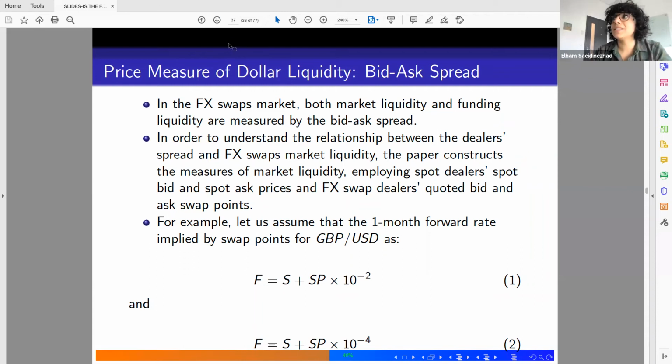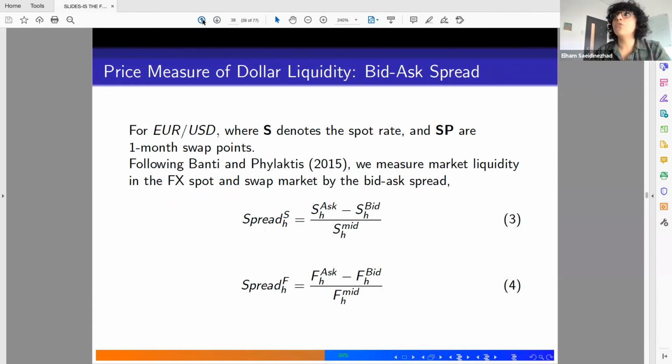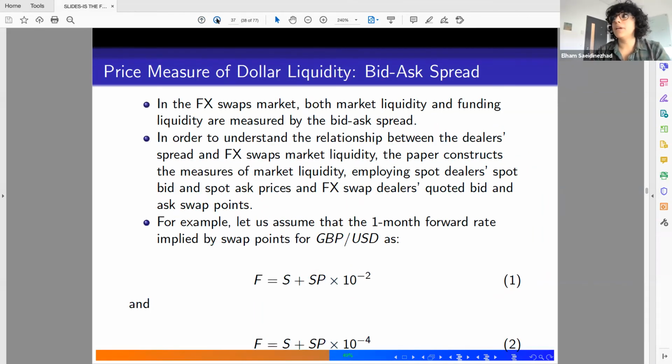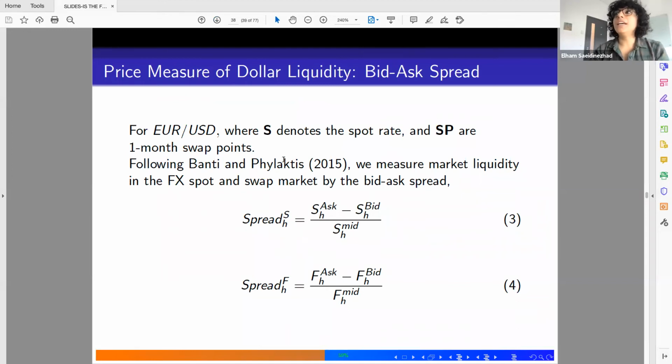In the next slide I am formalizing this thought. The idea is that an important measure is this spread, and especially the midpoint of the spread is the price of having access to liquidity in the FX swap market.